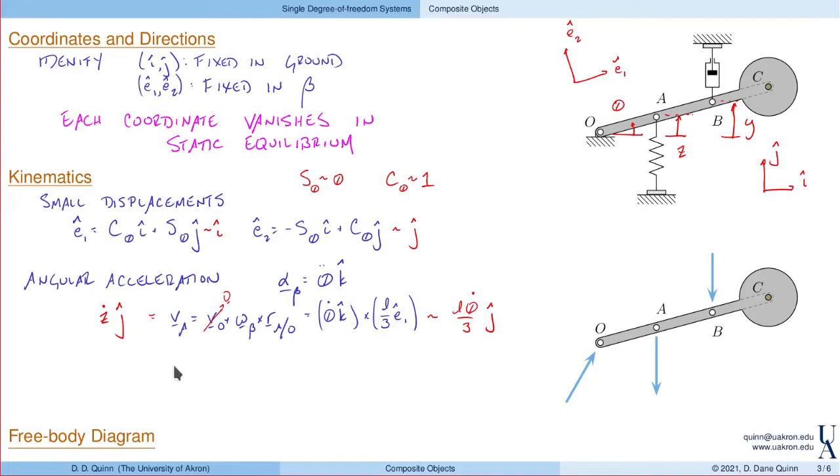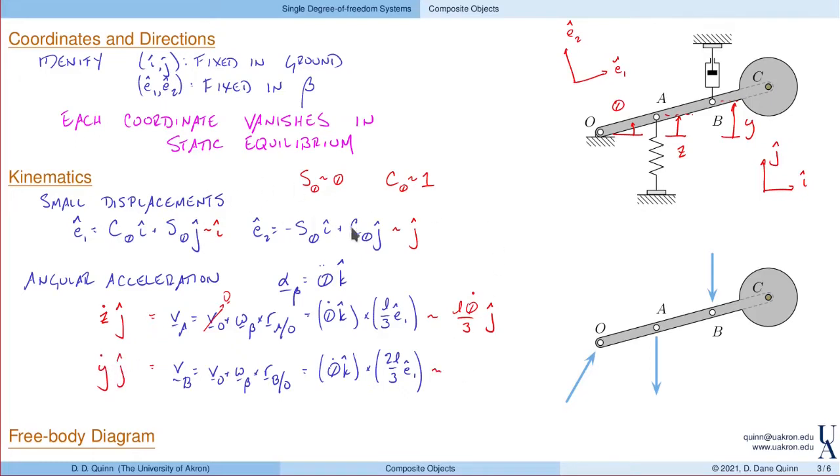So let's do the same for B. Well, the velocity of B, again, the velocity of O plus the angular velocity cross the position of B with respect to O. So that's going to be theta dot in the K direction, and then 2L over 3 in the E1 direction. Everything follows as before. The velocity of B here is naturally written in terms of Y, as Y dot in the J direction.